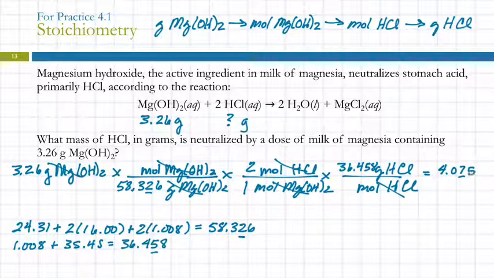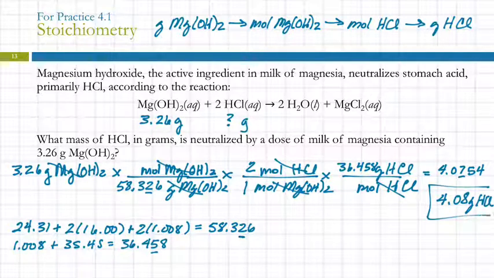Write down 2 extra digits. 4.08 grams of HCl. Any questions?